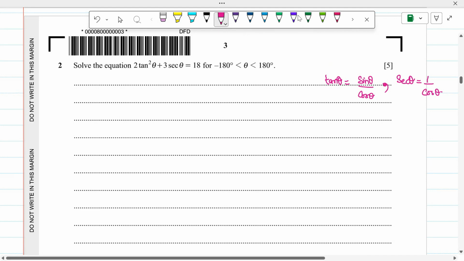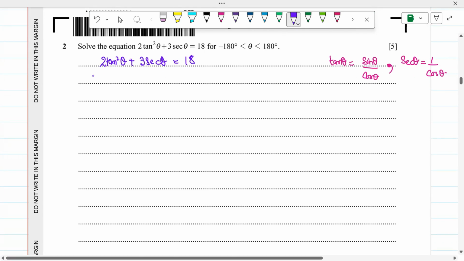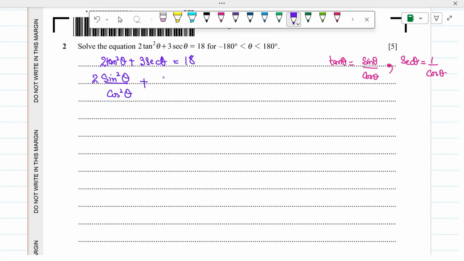We will use these formulas as we are given that 2 tangent square of theta plus 3 secant of theta is equal to 18. Plugging these formulas in, we will have 2 sine square theta over cos square theta plus 3 times 1 over cos of theta is equal to 18.